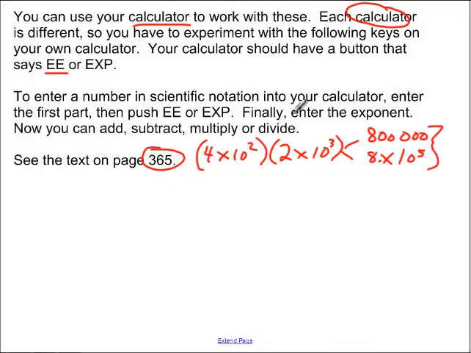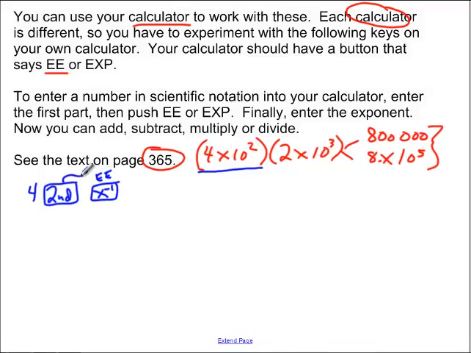I'm going to show you what I would do to write down 4 times 10 to the second power. On my calculator, that would be 4, and then the second button, usually in one of the corners of your keyboard. The button I push is x to the negative 1 power, but above it, it says EE.